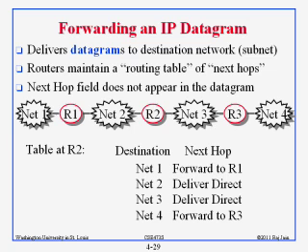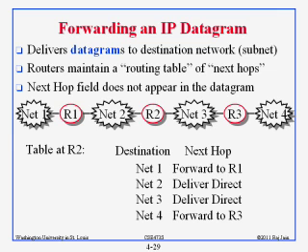So the data link address will change to R2 to R3, and the IP address will still remain the same. It is going from A to B. Then when it goes to R3, it will look up the table and will say deliver to B. So the source address is R3 for data link and the destination address is B.